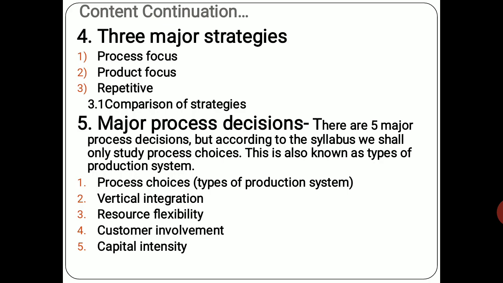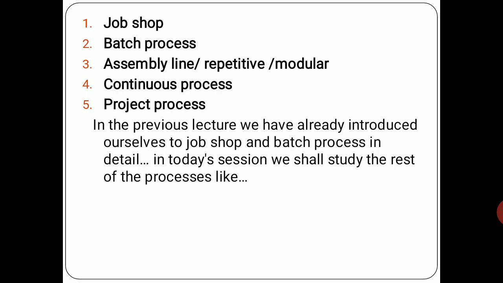We have already done the job process, job shop, and the batch process. In this session, we'll be completing the 3 more types of processes. If you can see on the slide, there are 5 major processes or 5 alternatives available to the manufacturer: job shop, batch process, assembly process or assembly line, which can also be named repetitive or modular, the 4th one is continuous process, and the 5th one is the project process.